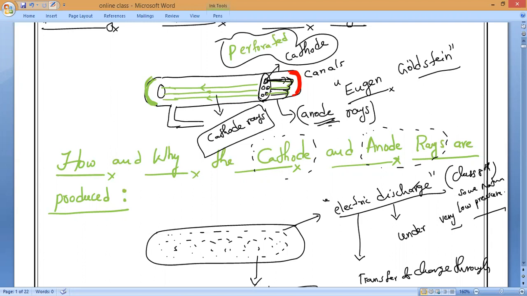So these cations form the anode rays and knock out electrons from the cathode rays. That is how, when electricity passes through gases, the gas first breaks into atoms, and the atoms further knock out electrons to form both cathode rays as well as anode rays. That is how it happens.